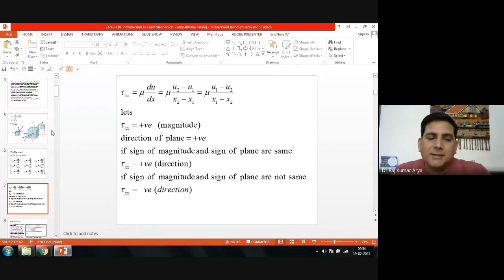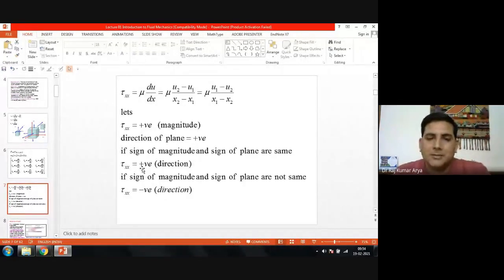It means if your motion is in this side, your shear stress would act in the back side, and that makes sense because shear stress is the property given by your fluid. It will always try to oppose the motion. So if the motion is in the plus x side, the shear stress imparted by the fluid would be in the negative side, because the fluid will try to resist the motion.